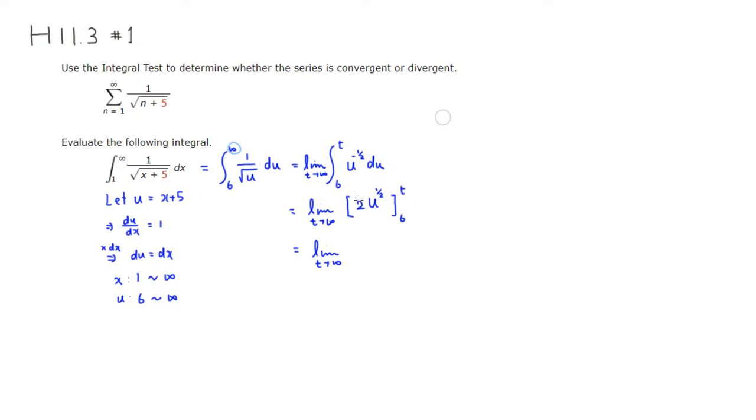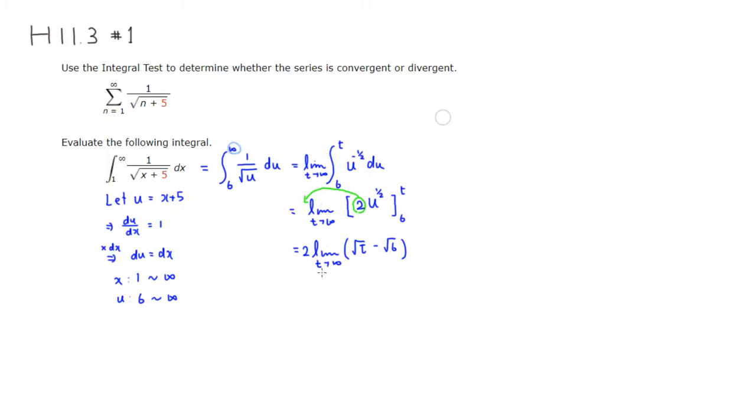Since 2 is just a constant, I'm going to pull it outside the limit. u to the 1/2 is the square root of u, so plug in t, square root of t, minus plug in 6, square root of 6.